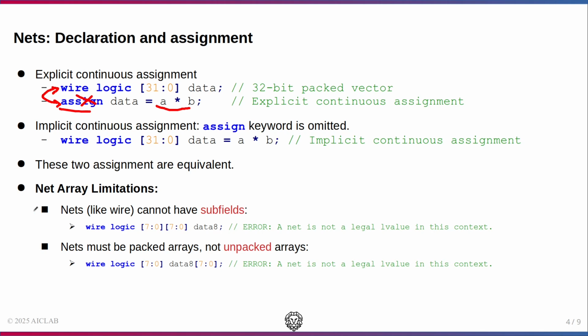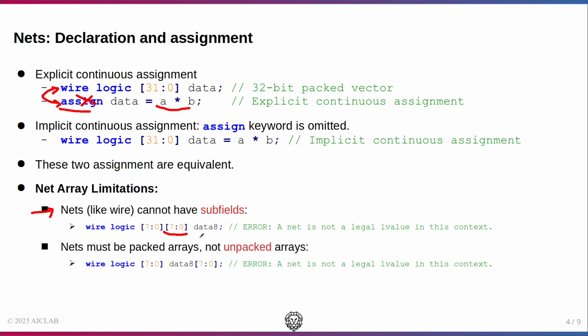Nets have two limitations. First, nets, for example wire, cannot have subfields. Consider this example where we define a two-dimensional data. The second 7 down to 0 makes the data a two-dimensional array, and the tools throw an error: a net is not a legal lvalue in this context.